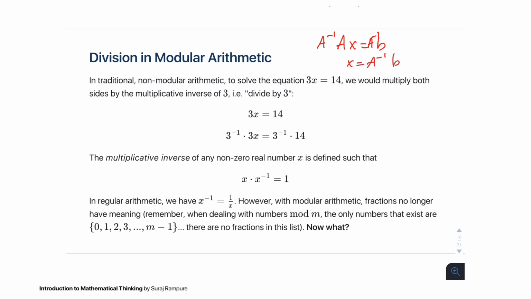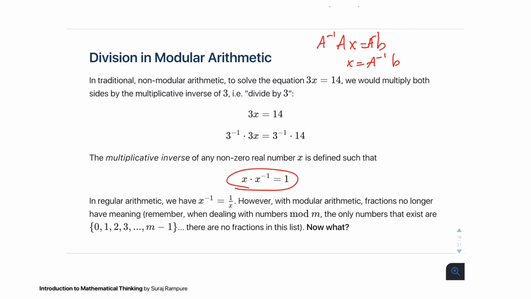Okay? So over the real numbers, the multiplicative inverse of a number is defined as the number you multiply by to get 1. Right? And so for any number that's not equal to 0, that was just the reciprocal of the number, 1 over that number, right? Because x times 1 over x is equal to 1. Is that clear?